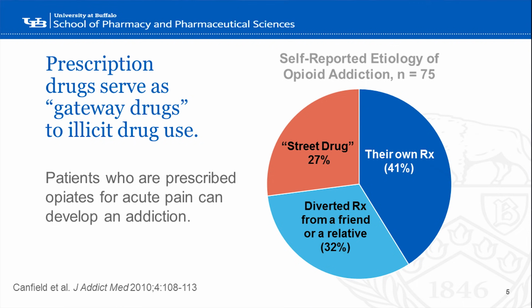Another third started using drugs from a prescription that was diverted from a friend or a relative. So this is only one step removed from a legitimate prescription. And then the final 27% started their addiction with illicit drugs. So you can see today that the majority of patients who are becoming addicted to drugs started with a prescription.